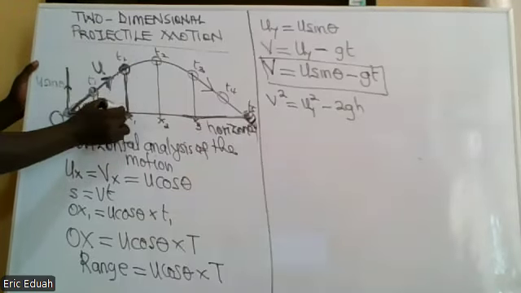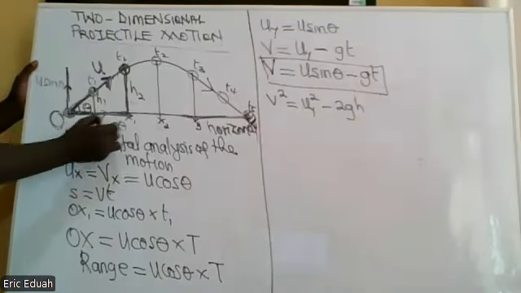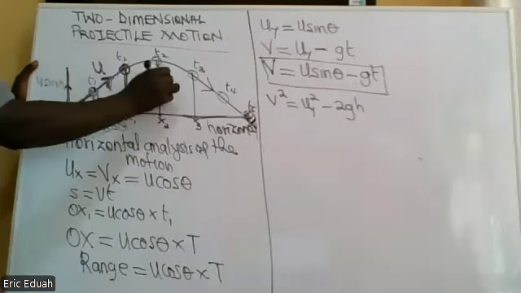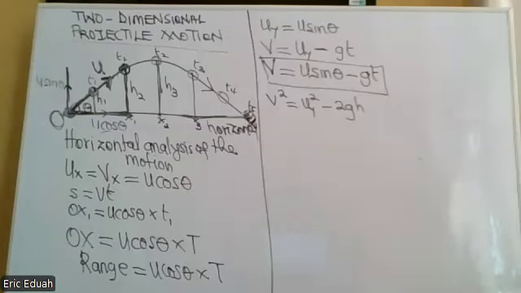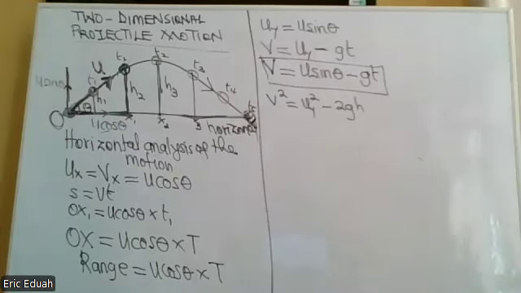When it gets to this point, it is displaced vertically by this margin, H2. Over here, it is displaced vertically by H3. We want an expression which will help us determine this vertical displacement after any time t.